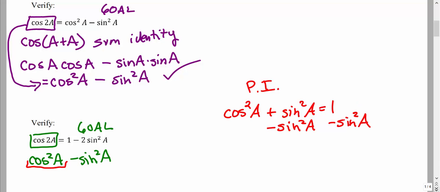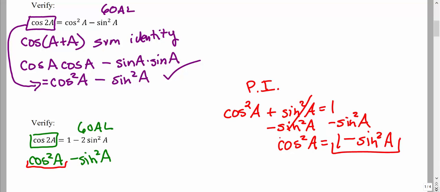I'm going to subtract sine squared A from both sides, and we see that cosine squared A is equivalent to 1 minus sine squared A. So everywhere I have a cosine squared A, I can replace it with the equivalent expression 1 minus sine squared A.